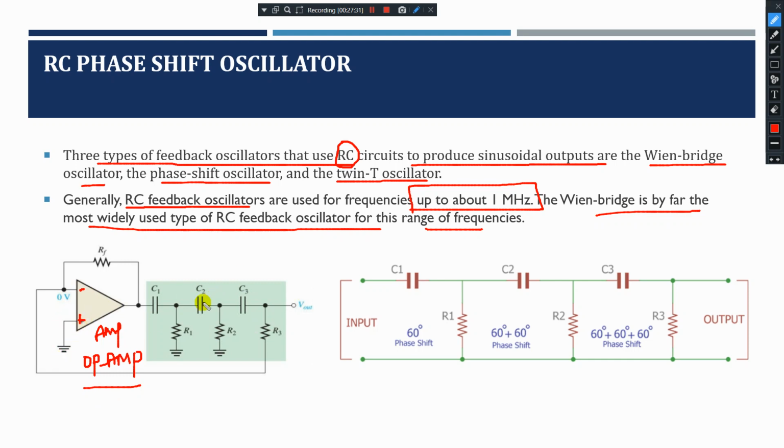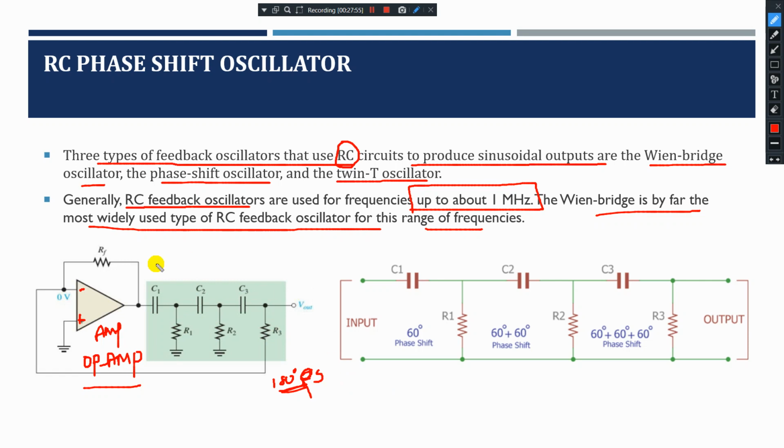So it's a negative feedback because there is a 180-degree phase shift. Because there is a 180-degree phase shift, the output is given to the negative, so we need a positive changeover.